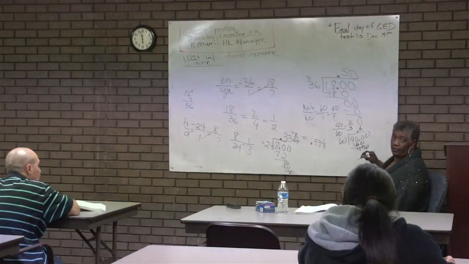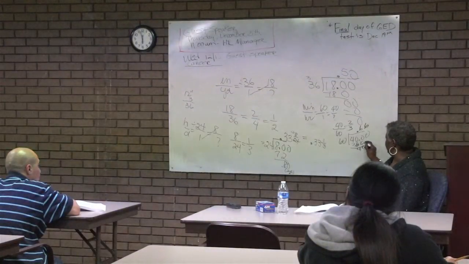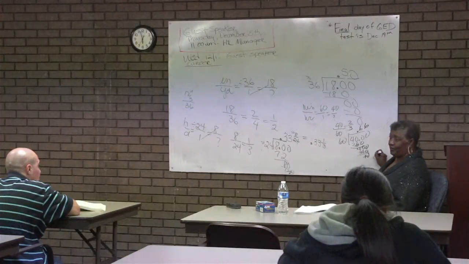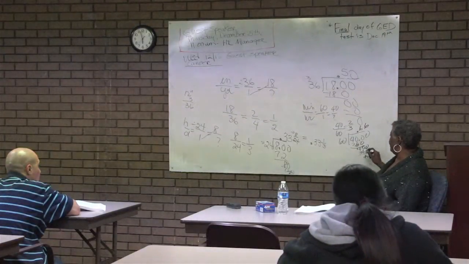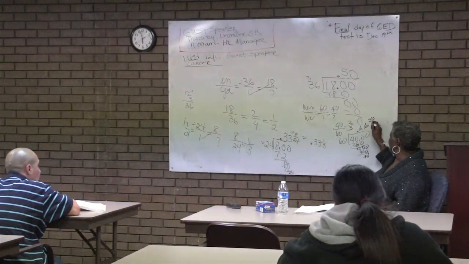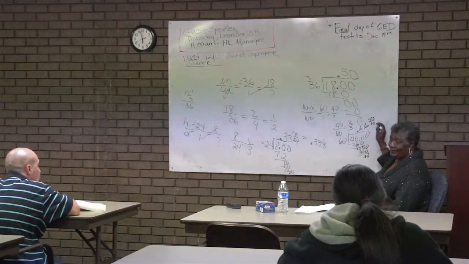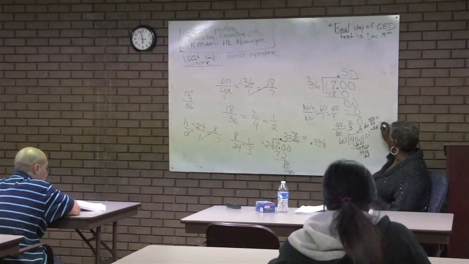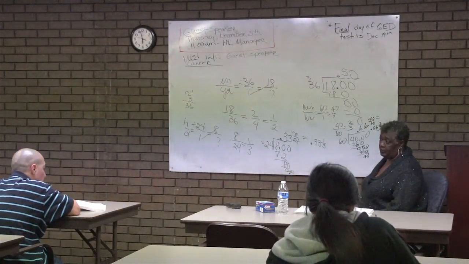You keep bringing it down and get another 6, another 36. So you would stop it here at the 40. You still ended up with that 40 over 60 to deal with, but it's gonna be 0.66 and 2/3 as a decimal.